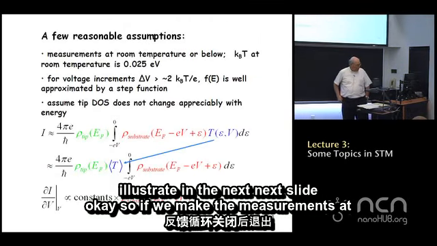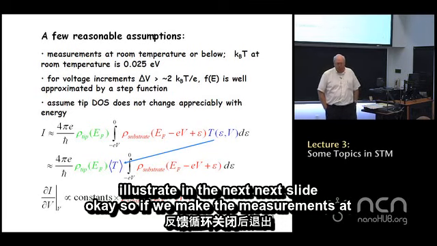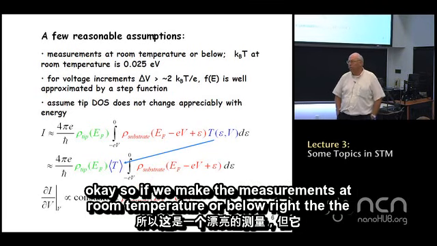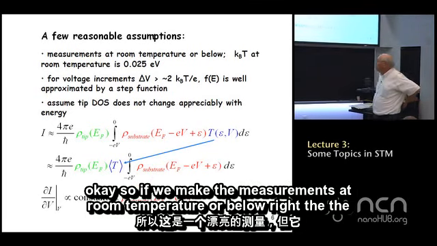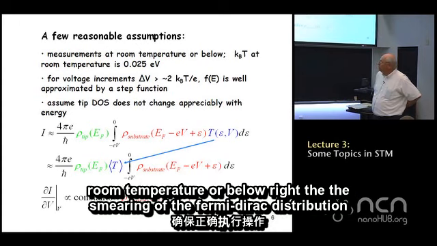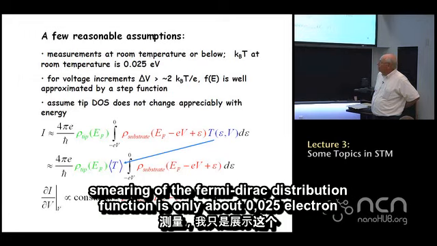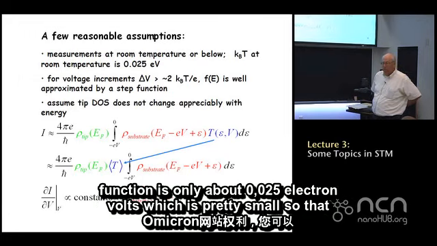Okay. So if we make the measurements at room temperature or below, the smearing of the Fermi-Dirac distribution function is only about 0.025 electron volts, which is pretty small.